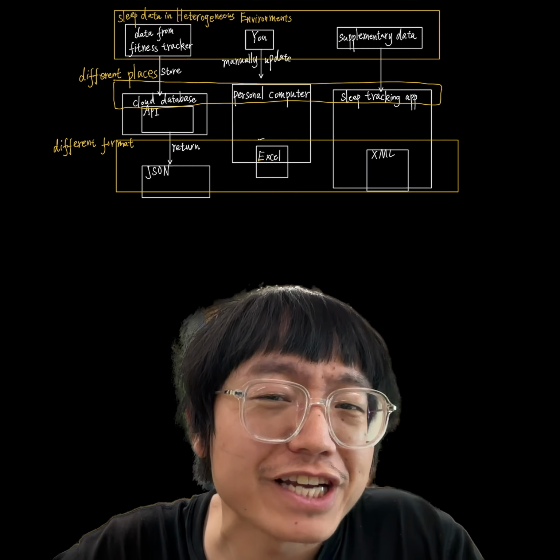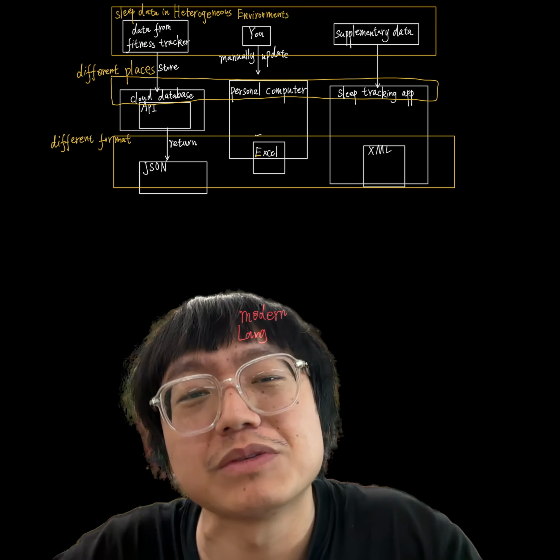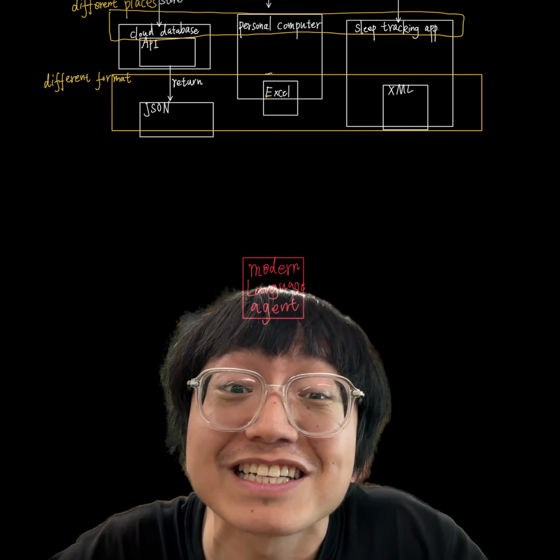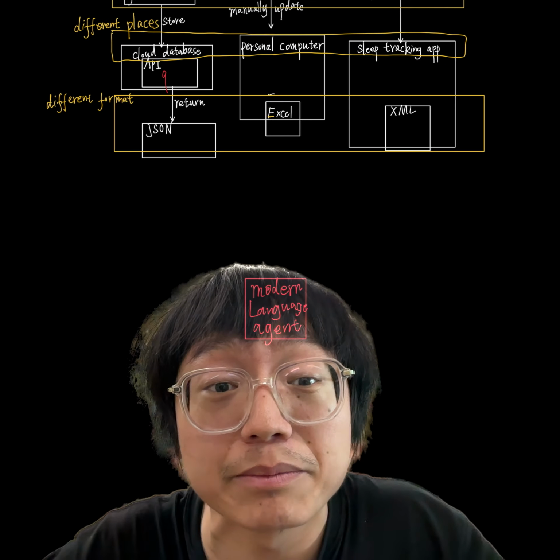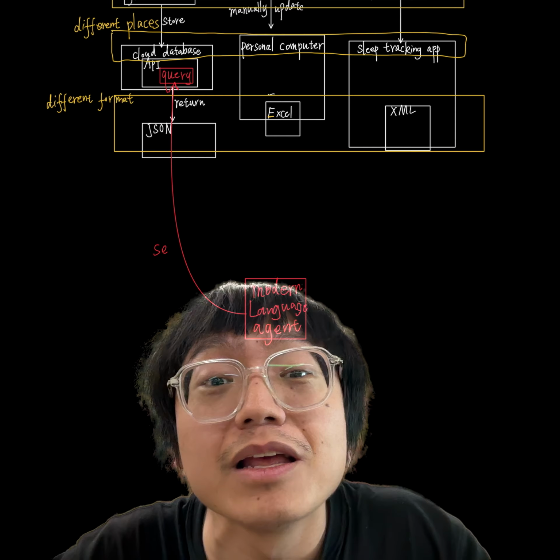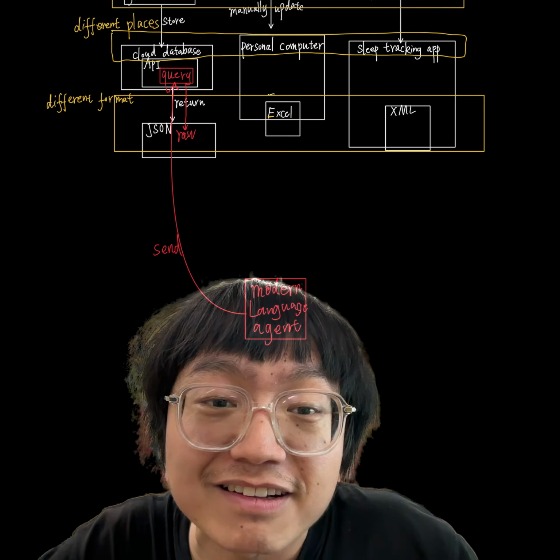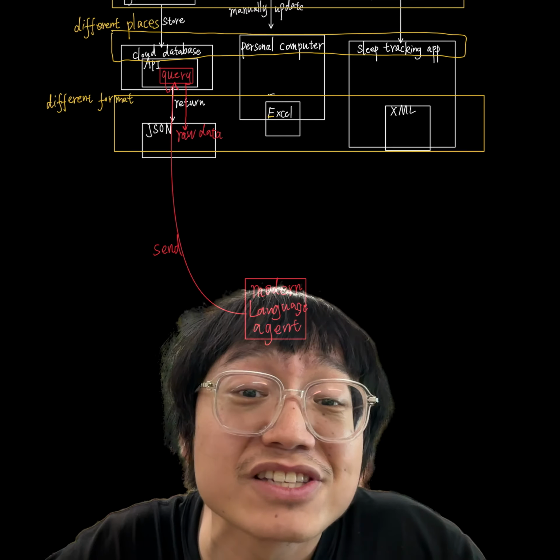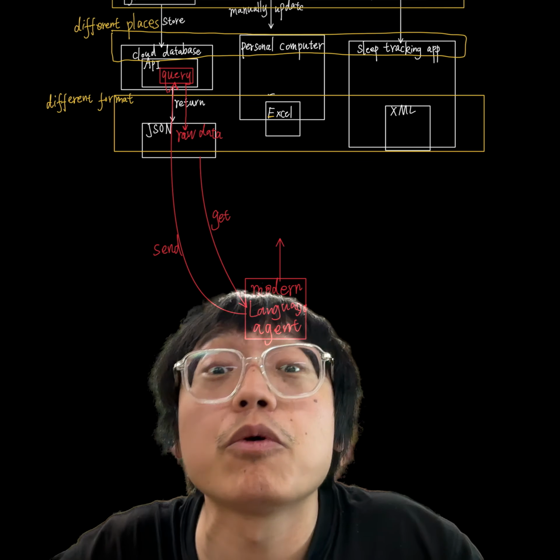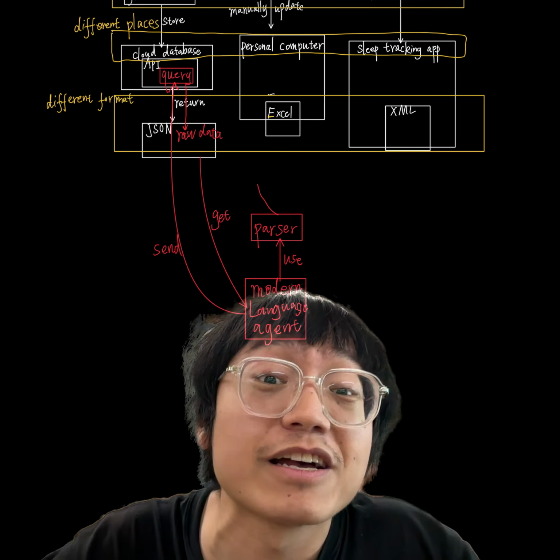A modern language agent can interact with all of these environments autonomously. First, the agent figures out it needs to retrieve data from the fitness tracker's database, so it sends a query through an API by using a JSON format to get the raw sleep data, and then it locates and opens the Excel file on your computer to fetch more sleep data by using different tools such as an Excel parser.